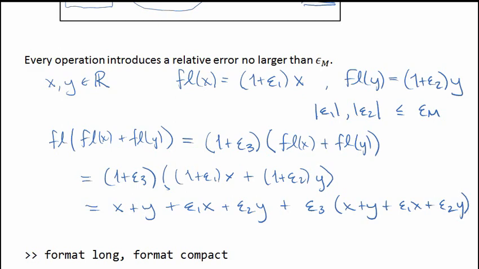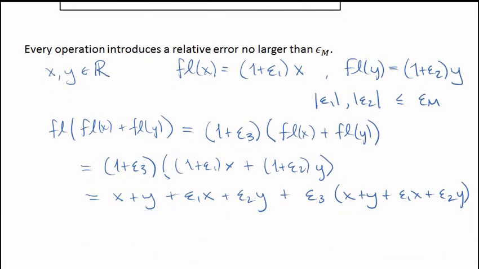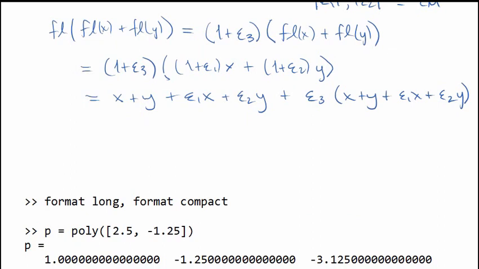Okay, let me create a little bit more space here. Okay, so continuing, x plus y is the thing that we were trying to find, ideally. And then the perturbation to that result, I'll gather everything that multiplies x.